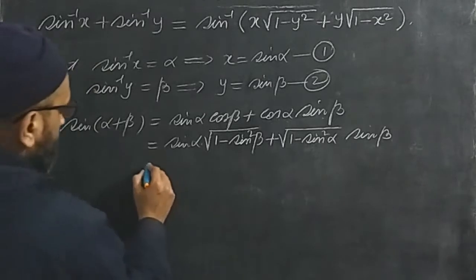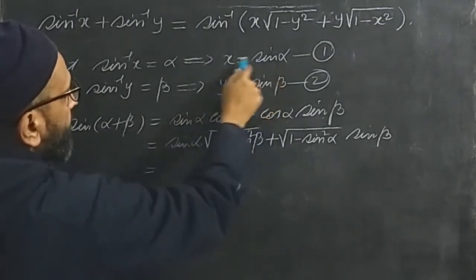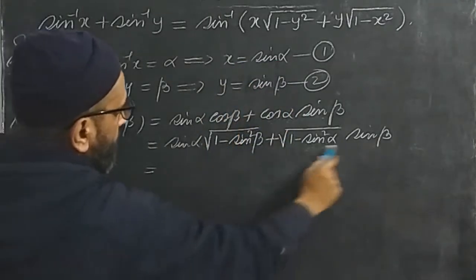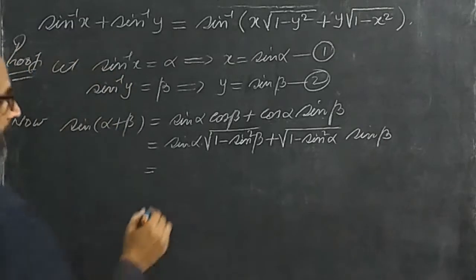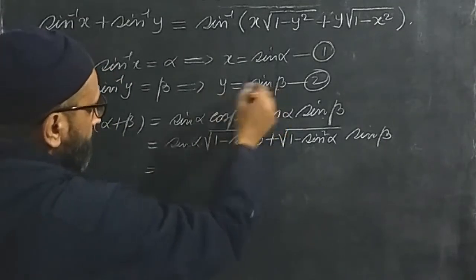Then, as from equation number 1, sine alpha is equal to x and sine beta is equal to y. So write down on the right hand side x in place of sine alpha and y in place of sine beta.